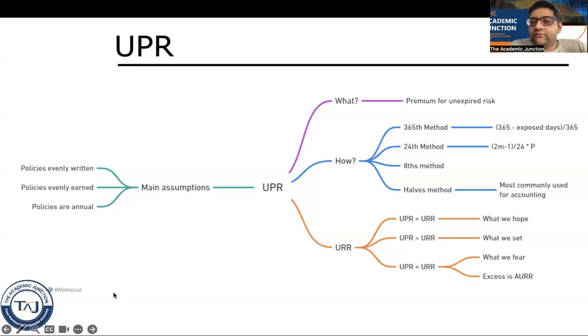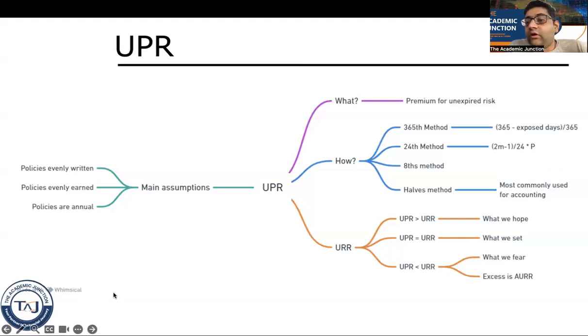Now, in a scenario, and this is very true in the Indian context as well as the global context, more often than not, UPR is made equal to URR. And the reason is you want to be prudent. You don't want to be aggressive and set a reserve which is much less than what you currently expect to receive.